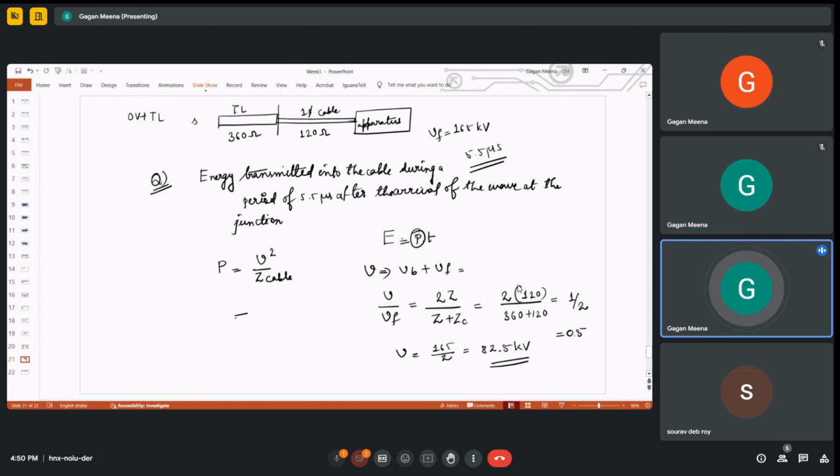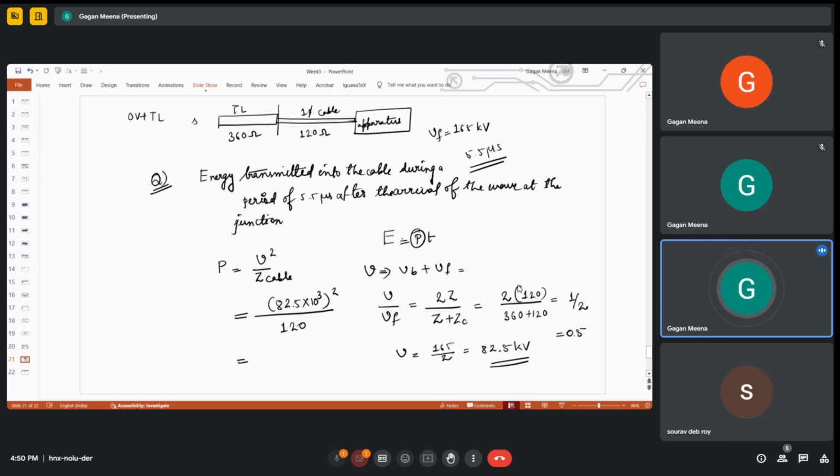Okay. So now we can find out what is power here. We know voltage is 82.5 kilovolt divided by Z cable, how much? 120. So this is the power. How much is this? Divided by 220.